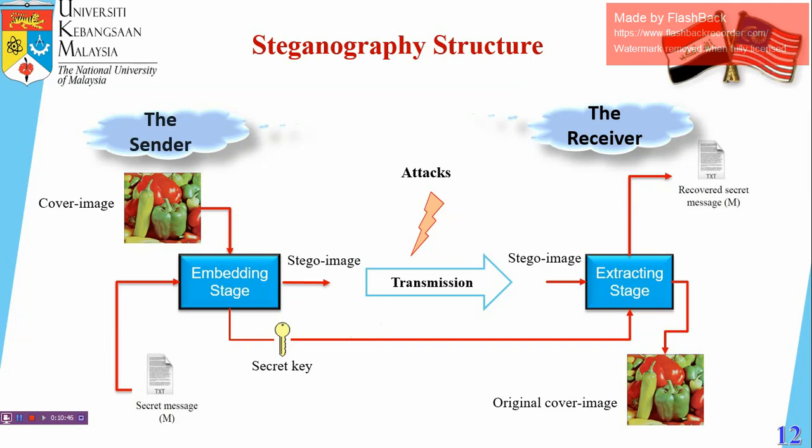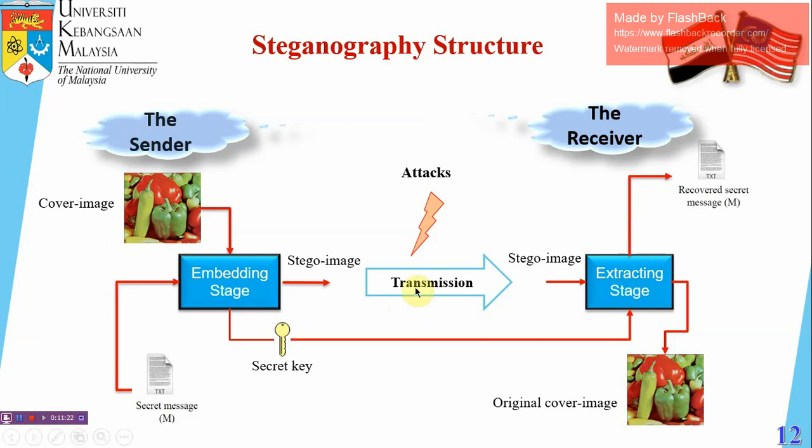The sender sends the stego image, as we see here, after the embedding stage, by any channel of the internet, like WhatsApp, Facebook, Twitter, anyone. He will send the secret data through these channels.